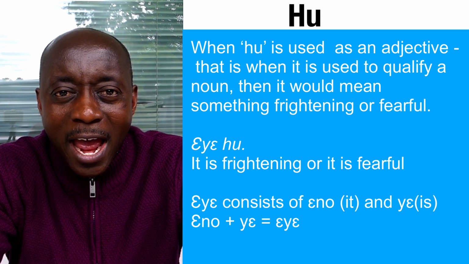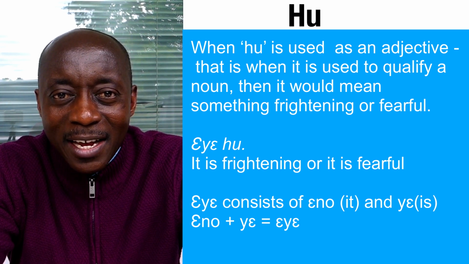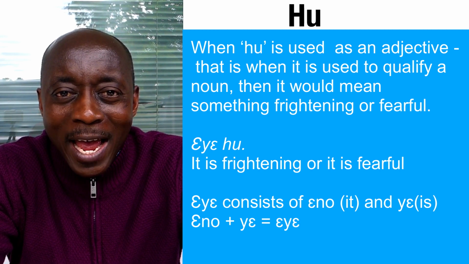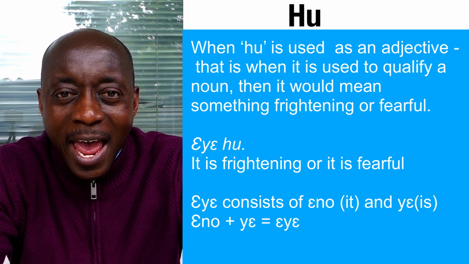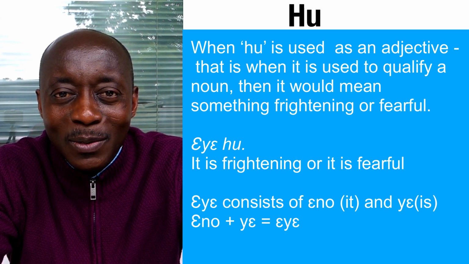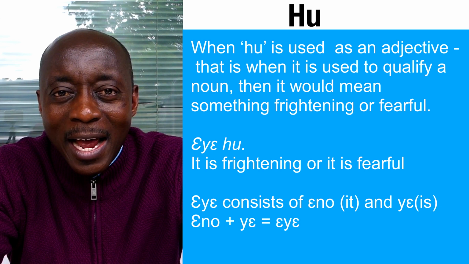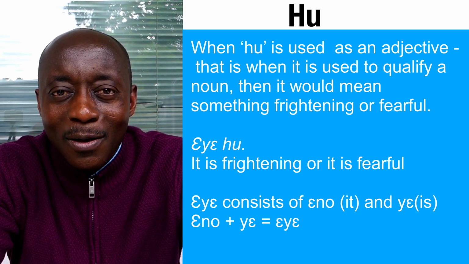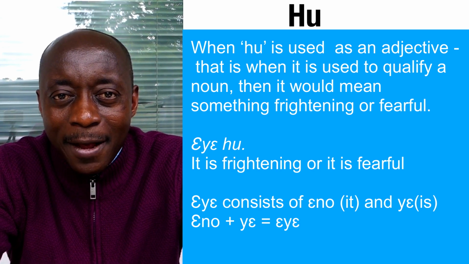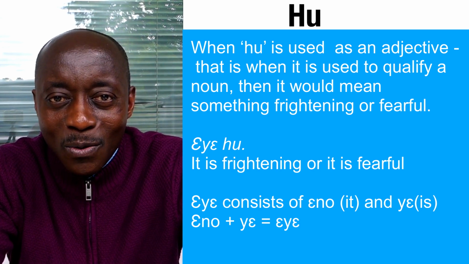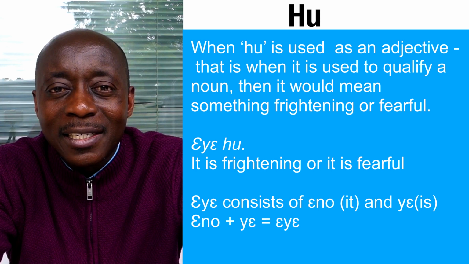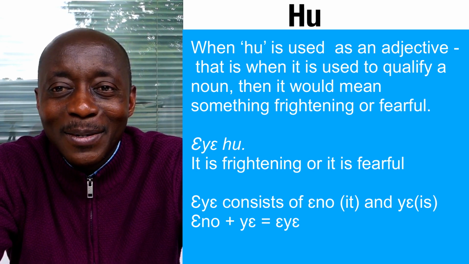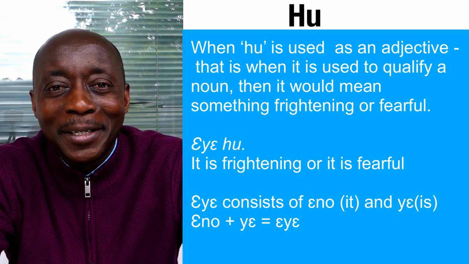However, when eno and ye, the verb, come together, the eno loses the no, and then it remains with only the e, and then we join it with ye. That is why, in this case, eno plus ye, we had eye. It is frightening. Good. So that was the third vocabulary.